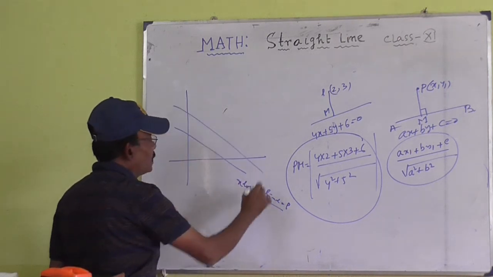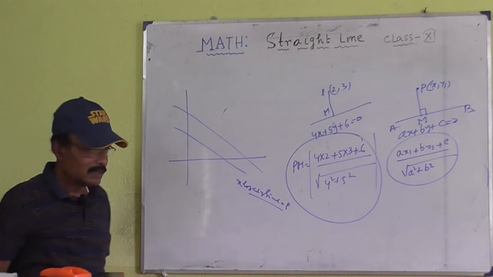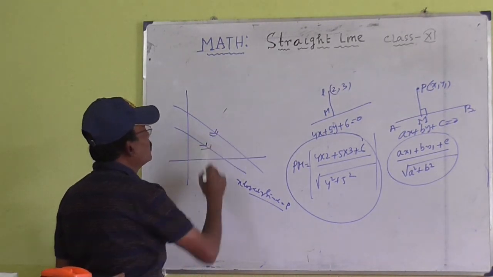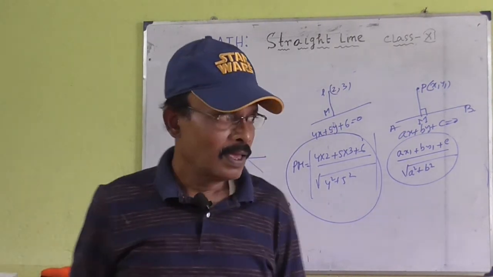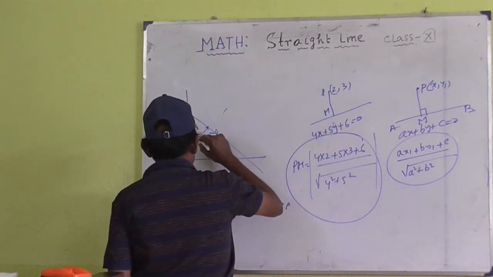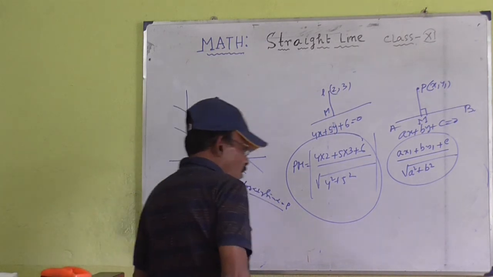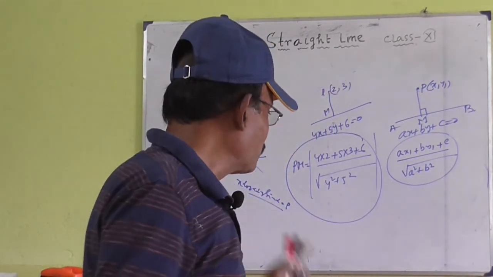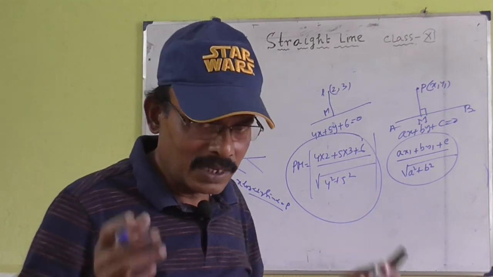If this line is parallel to that line, the slope is same and the distance is p. Let p double dash or k or lambda be chosen. This type of formula I will discuss next day.